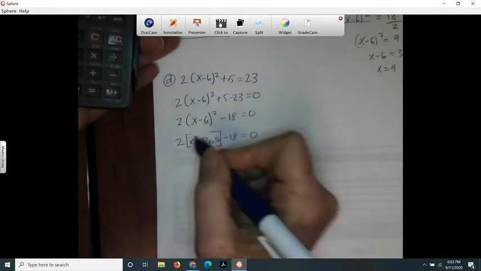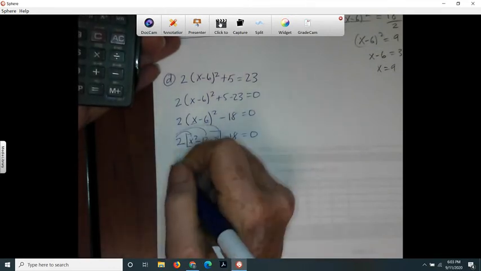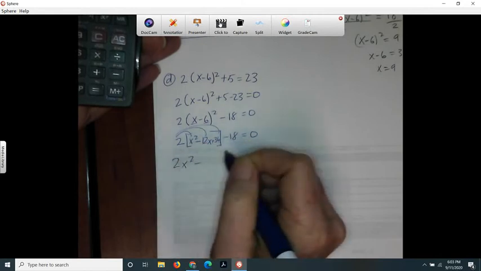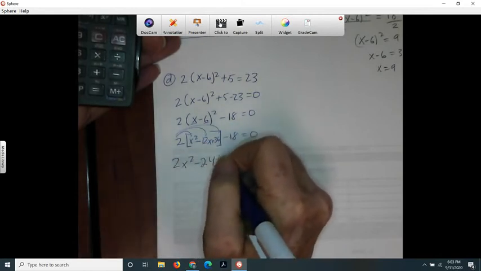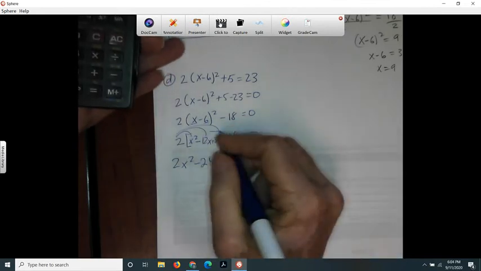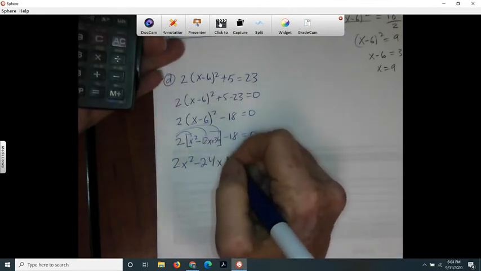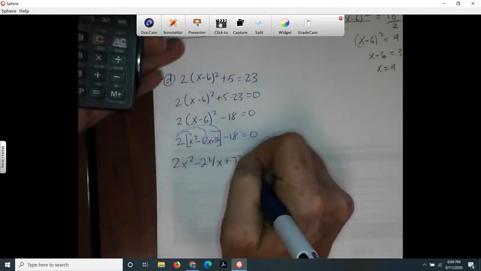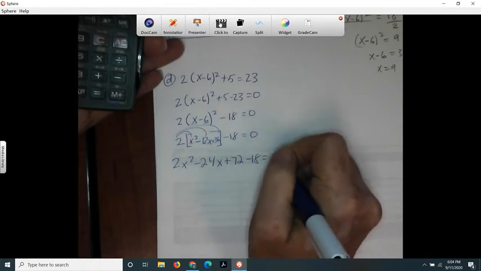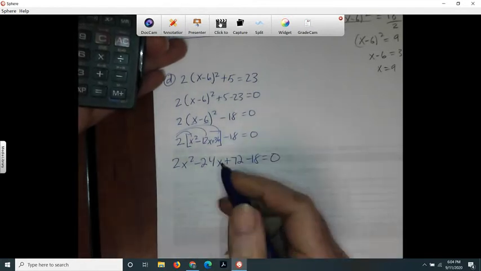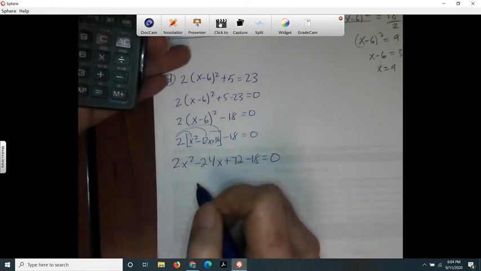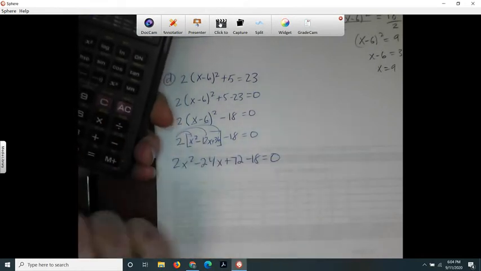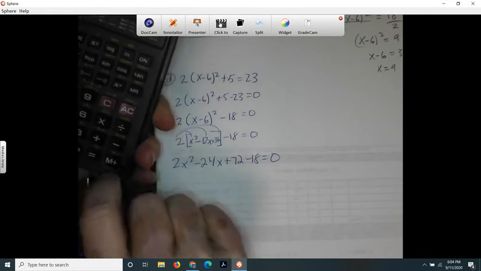So I've got 2x squared minus, that's 2 times 12, 24x. 2 times 36, I think, is 72. Minus 18. The 72 and the 18 give me 54.